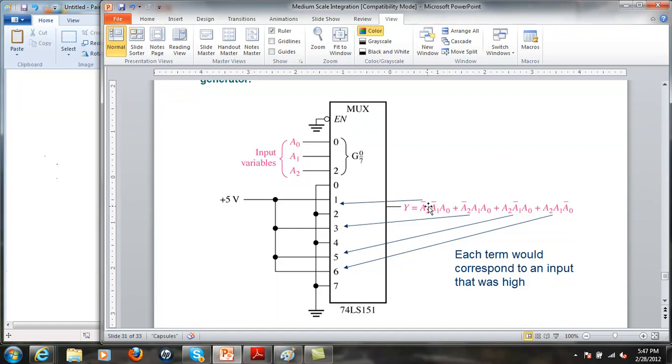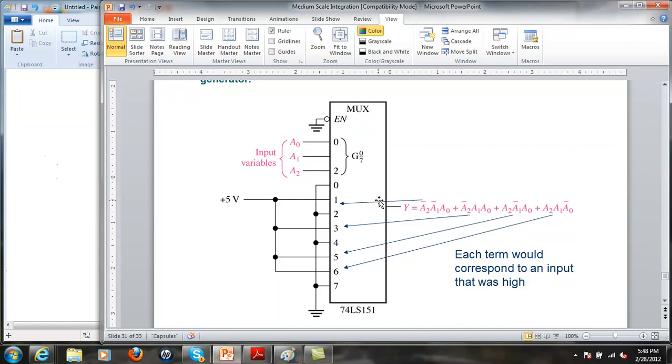Remember, we did all this with gates before, but with a multiplexer, if I made all these inputs high, then this Y output is going to be proportional to this output. So A0, when is this going to be high? It's going to be high when I activate this pin.